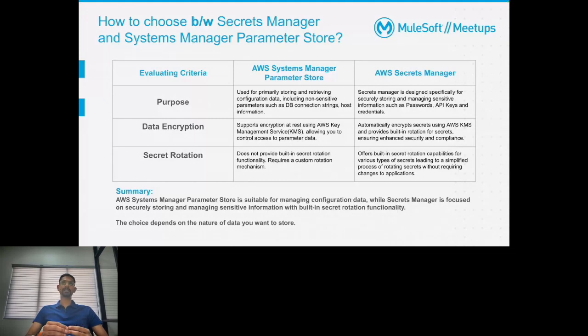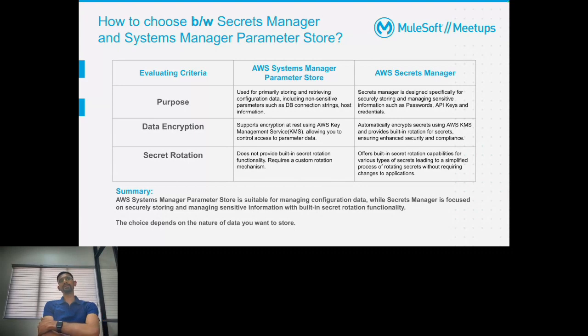It can hold all the configuration data properties. Whereas Secrets Manager is designed in a way where we can securely store sensitive information and keep it safe and secure while using it in our Mule APIs as well.